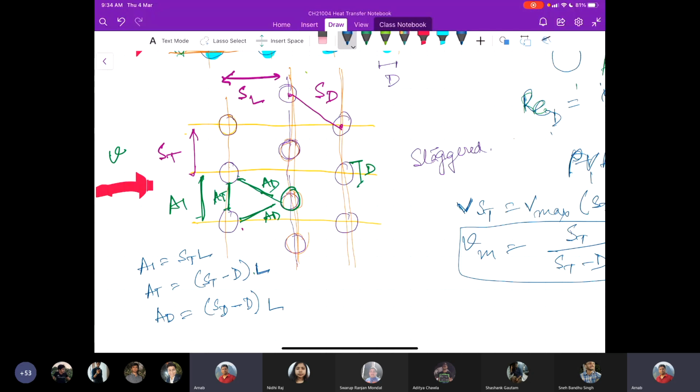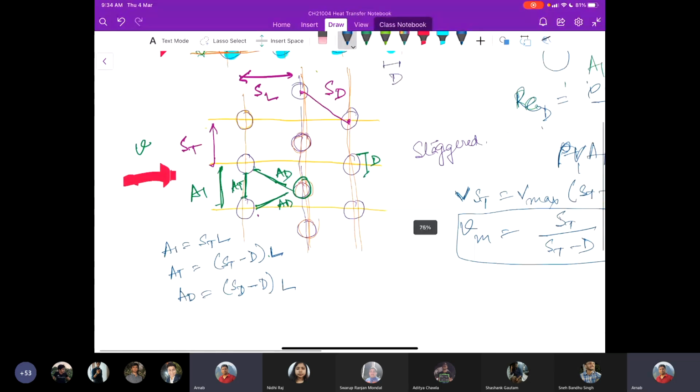So consider the scenario that these columns are closely spaced rather than the rows, or the other way. These are the two possibilities that can happen. And in those cases, what would be the maximum velocity?